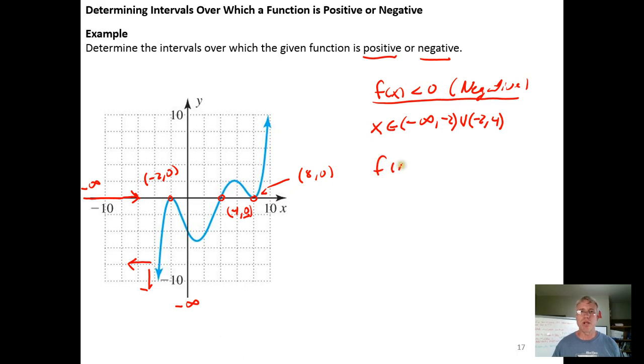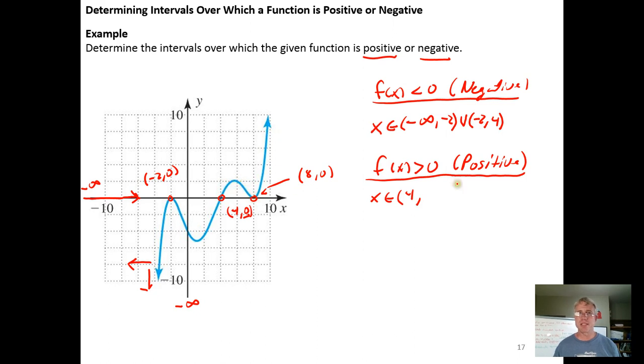Then I can ask the question, when is the function greater than 0? Or in other words, when are the function outputs positive? And that's going to occur whenever the graph of the function is above the x-axis. The first place that's going to happen is just past 4. So 4 is that boundary where the outputs are neither positive nor negative. So I start at 4. I'm above the x-axis.